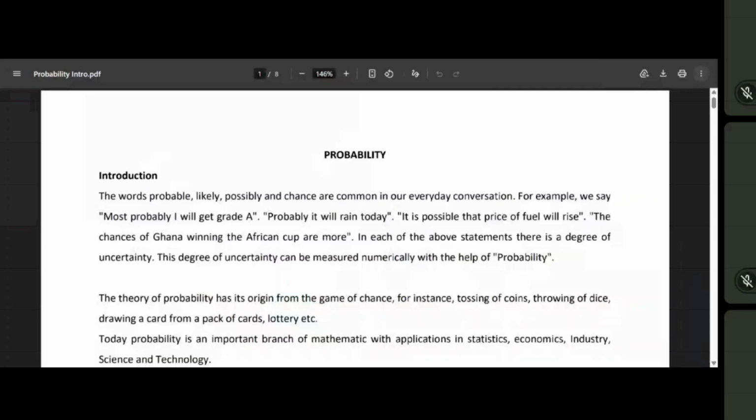Then we say if a student is chosen at random, what is the probability that the student is a male? The probability of the student being a male is simply calculated like this.